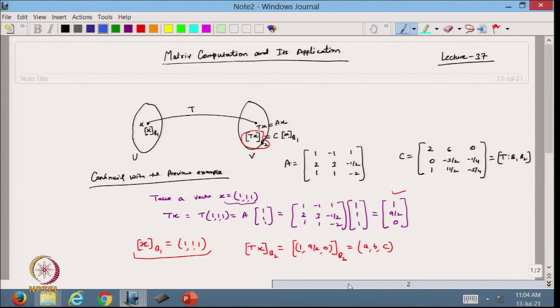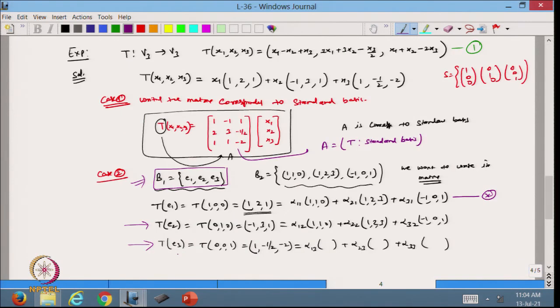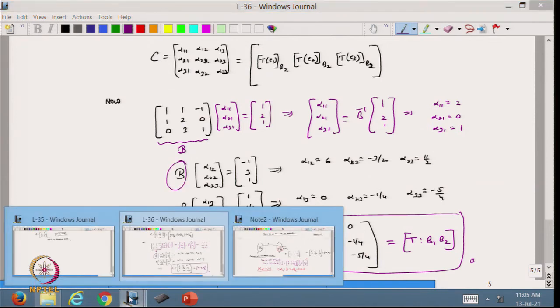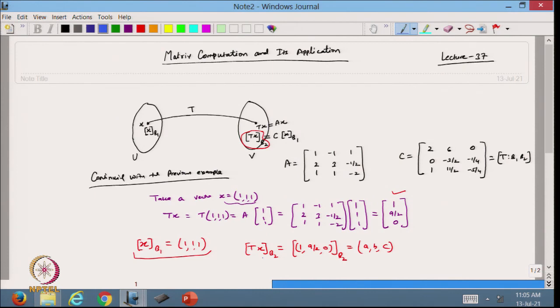this is C, just a minute, I just want to check the matrix made up of, no, this is B basically. So, I have to just write here, changing it, so C is this one and B is this one. So, B is basically made up of the bases, and that was my 1 1 0, 1 2 3 and minus 1 0 1. So, this is my basis matrix.